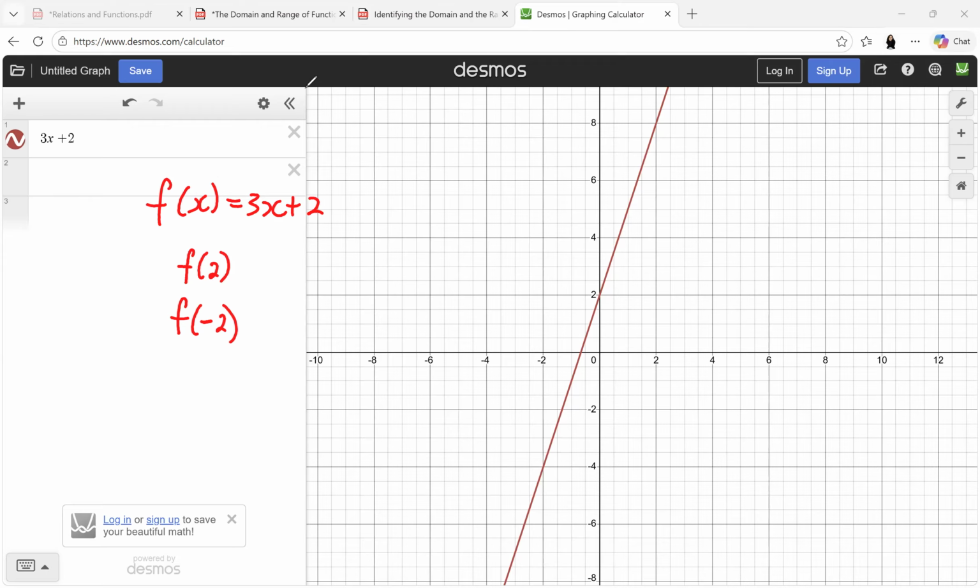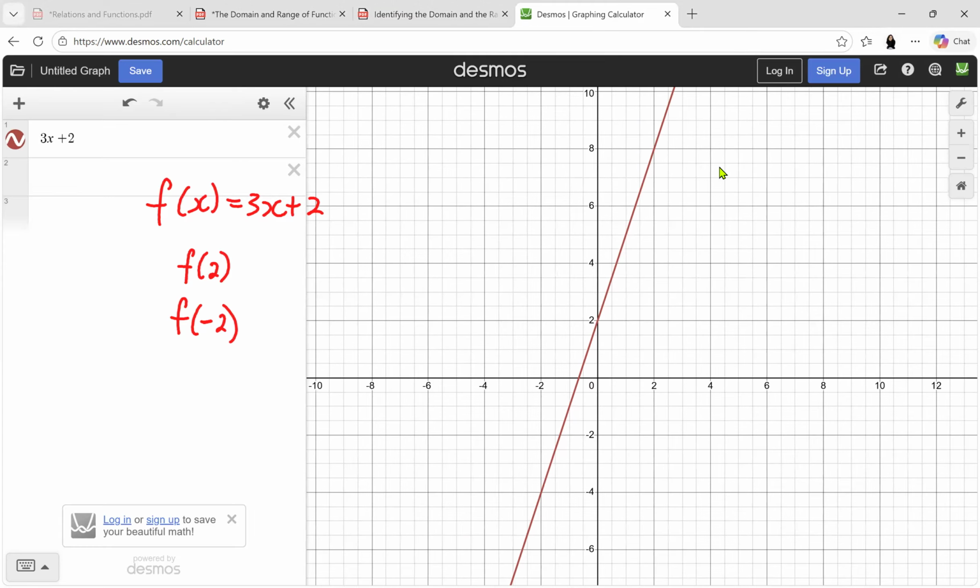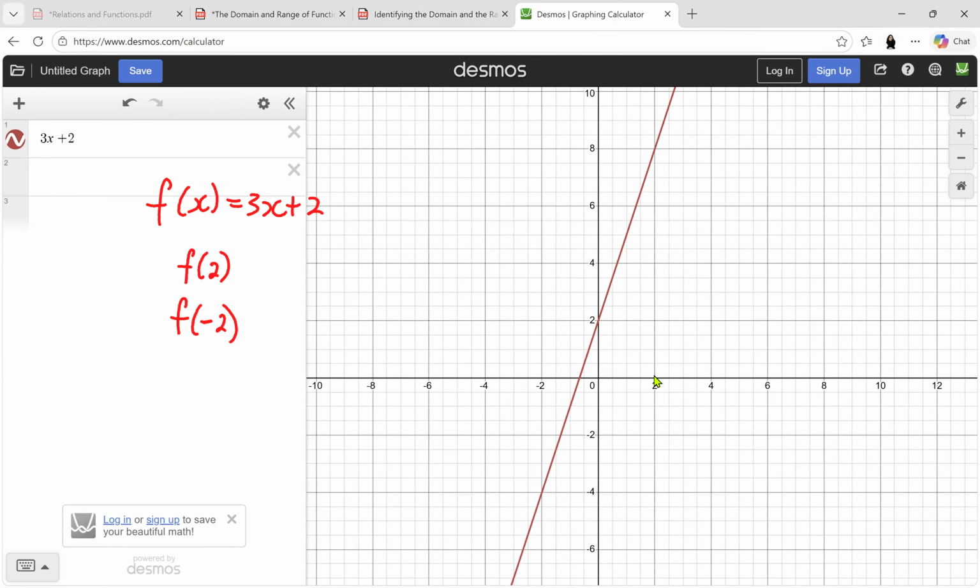Is Nia there? Nia, are you there? No, Nia. Kaylin, are you there? Yes, I'm here. Okay. Can you tell me from the graph what f of 2 is? The positive 2 on the x-axis.